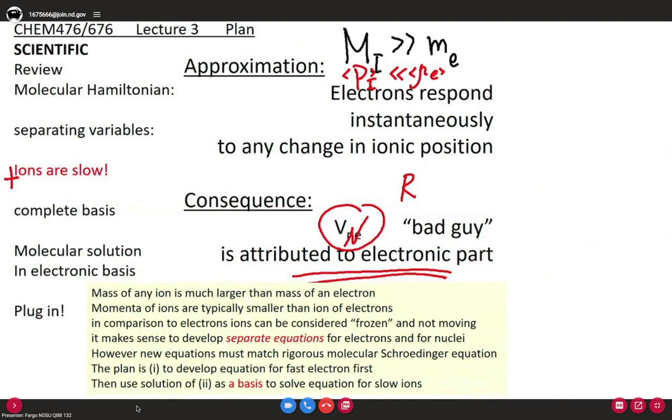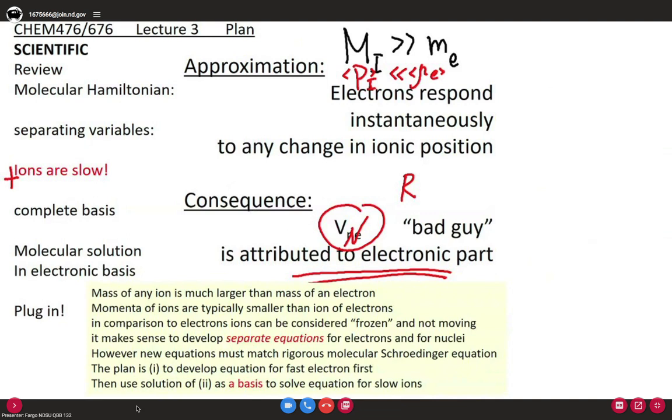How do we interpret it? What does it mean? It's like, I don't know, buzzing insects around an elephant. If the elephant makes a little step, these insects will quickly readjust to the new position of the elephant. So the velocity of electrons is so much quicker than the velocity or momentum of nuclei.